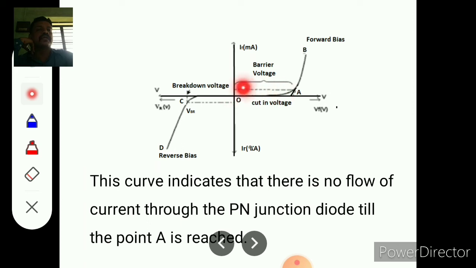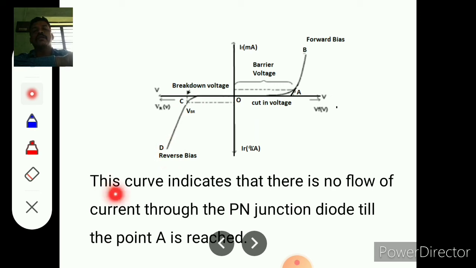This portion is known as barrier voltage or barrier potential. Due to that the current is 0, but when the barrier potential vanishes the current increases fast. So this is known as cut-in voltage. And in reverse bias, initially here also the current is approximately 0 and finally it will start to increase rapidly or sharply.